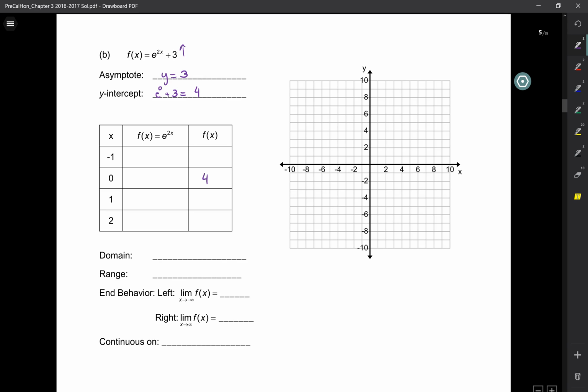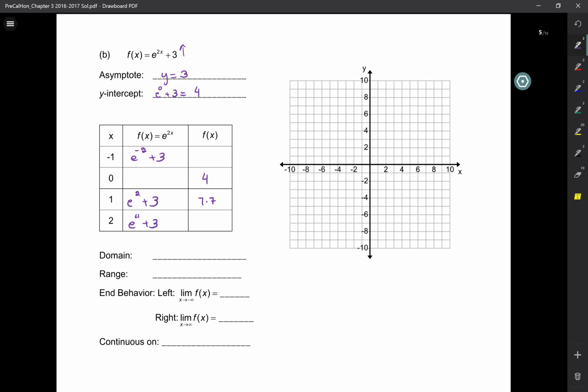Okay, so what do we have here? We have e to the minus 2 plus 3. Here we have e squared plus 3. And here we have e to the 4 plus 3. Now, e squared, we said was 7.4, plus 3 is 10.4. Now, I know that e to the 4 plus 3 is going to be a number that is way too big for me to graph here.